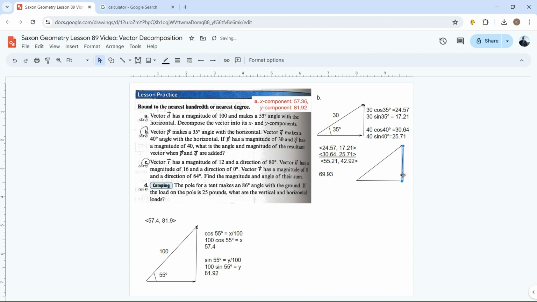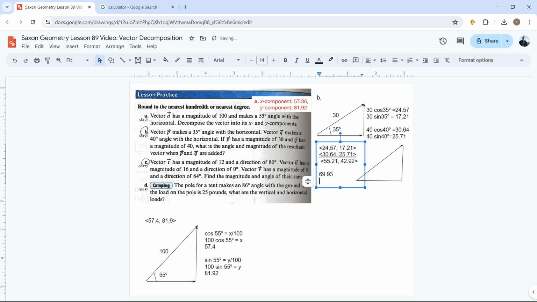All right, so if I'm saying that this bottom vector here is 55.21, and this vertical vector over here is 42.92, am I able to figure out what this angle here is? Well, yeah, I can using what I know about sine, cosine, tangent. The tangent of that angle would be equal to the opposite side, y, over the adjacent. Now, I'm just going to fill in numbers right away.